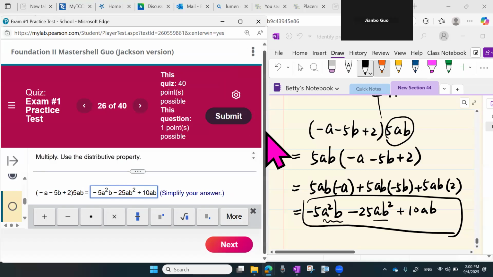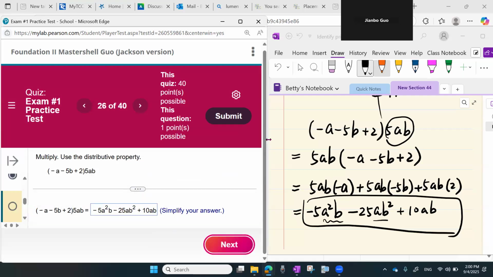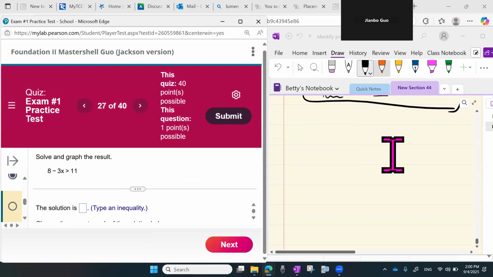Okay, I need to double check. -5a squared b minus 25ab squared plus 10ab. Okay, that's correct.